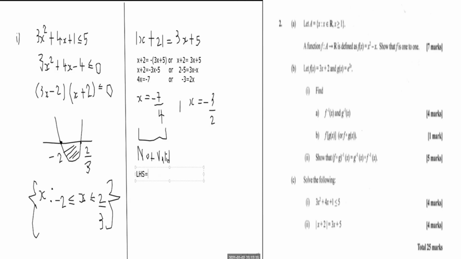Let me write 1 over 4 on the left-hand side. But on the right-hand side, when you put in 3 times minus 7 over 4 plus 5, you're going to get a negative value, negative a quarter. So that's why this one is not valid. They are not the same. Since they're not the same, then that can't work.